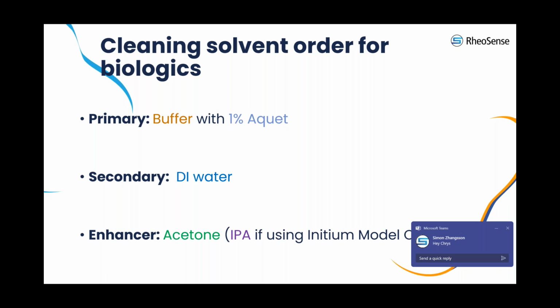So for cleaning of biologics on MVROC2 or Initium, we have a series of solvents that will allow us to clean the chip very well and dry it out relatively quickly. So the primary solvent will be your formulation buffer, and we mix this with 1% aqua.